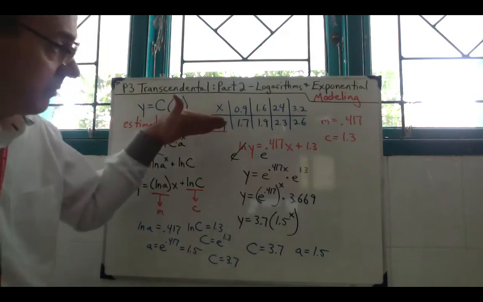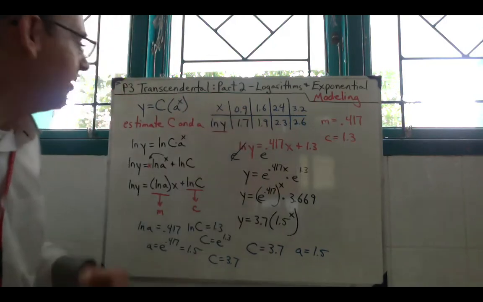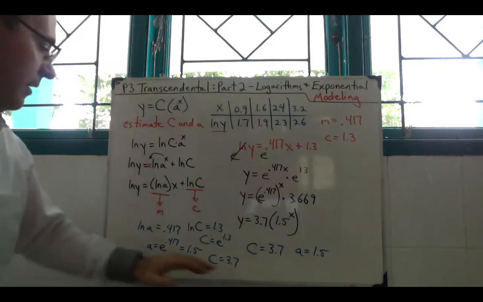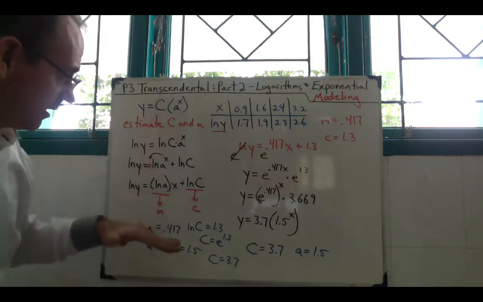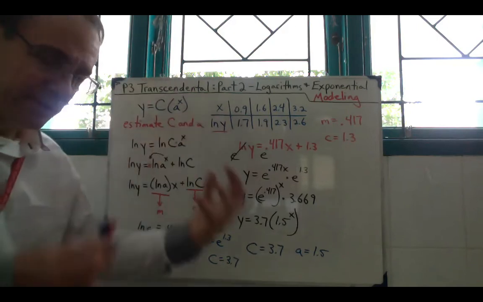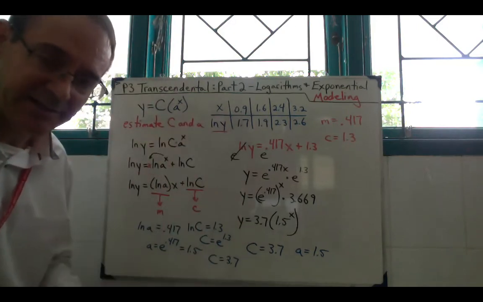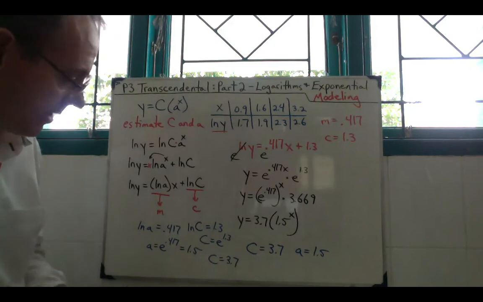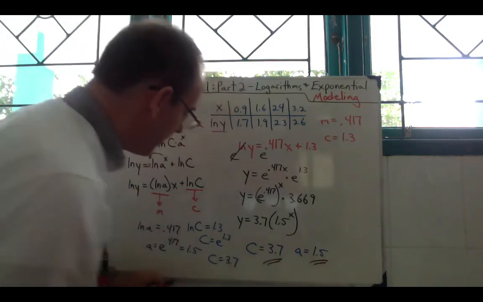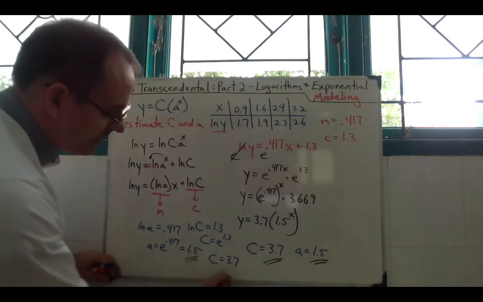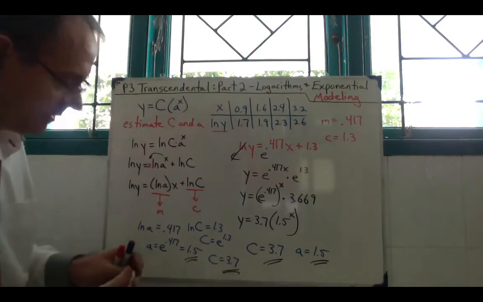You can work from the linear to the model, or you can work from the model to the linear. And the working back and forth really helps you to understand those relationships. So that's our answer, 3.7, 1.5, and either way that you solve it, you get the same thing.